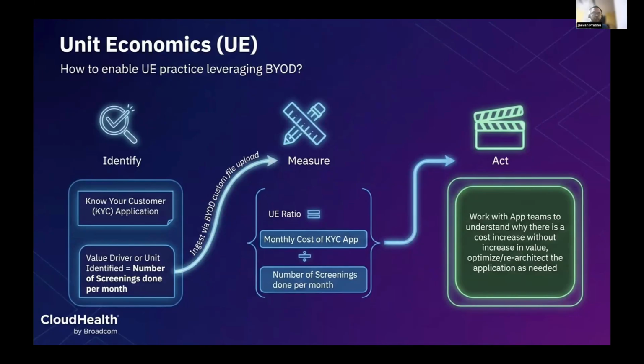Your app teams need to look into either optimizing or re-architecting that application, or business unit heads need to look into why additional resource spend has occurred which has not delivered business value. So this is how Data Connect helps us in operationalizing unit economics.